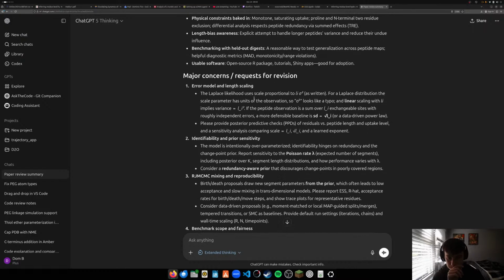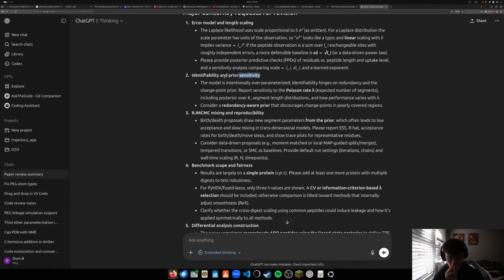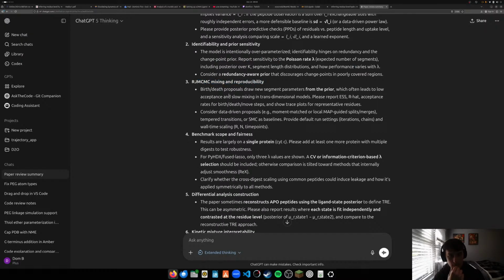All right. Here's the scale for the Laplace distribution. All right, I don't really know what that means. Draw new signal parameters from the prior, which often leads to low acceptance.